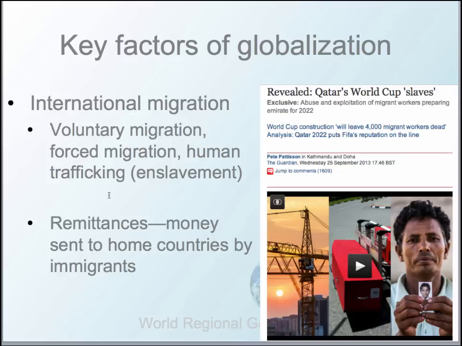But there's a very dark side to this. For instance, labor practices in some parts of the world are unrecognizable, at least when it comes to what we're used to in the United States. In Qatar, the country with the highest GDP per capita in the world, laborers, especially from South Asia, are being brought in and exploited to build the World Cup stadiums.